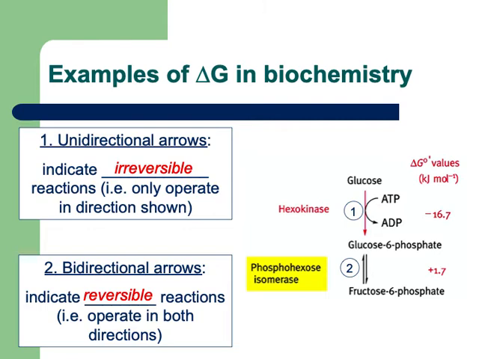We want to trap glucose within the cell, so we make it a bigger molecule of glucose 6-phosphate. So we need this reaction to be exergonic and happen spontaneously. So we're going to talk about why we add ATP to this reaction on the next slide.